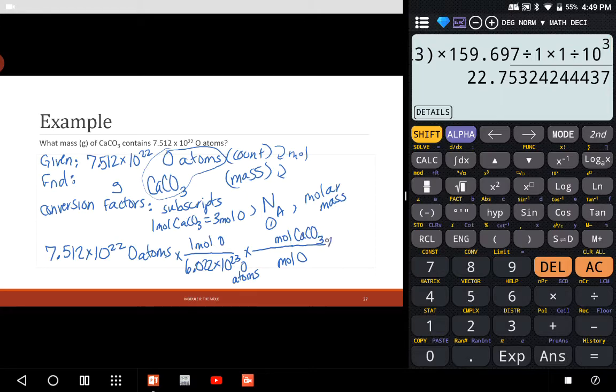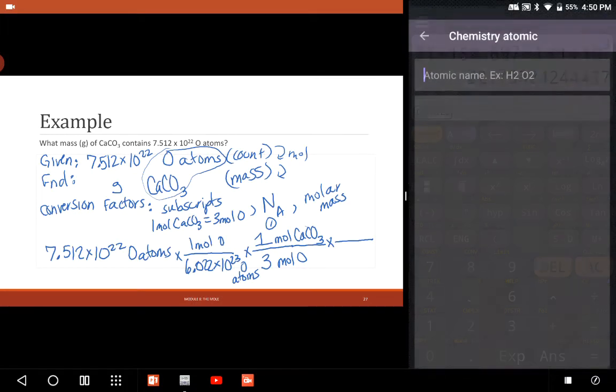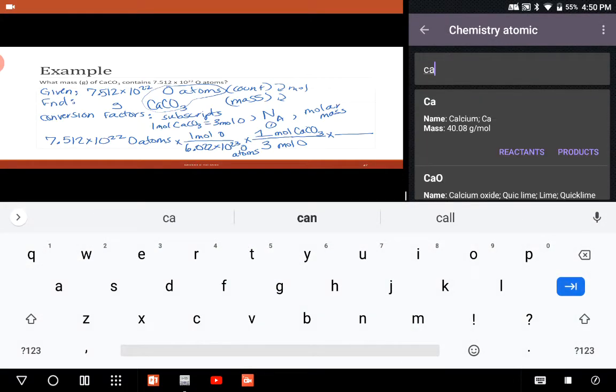You see how the labels are really important here? And so for every one of the whole compound, I have 3 oxygens. Now I need the molar mass. And so I could calculate the molar mass, or this app allows me to search for it.